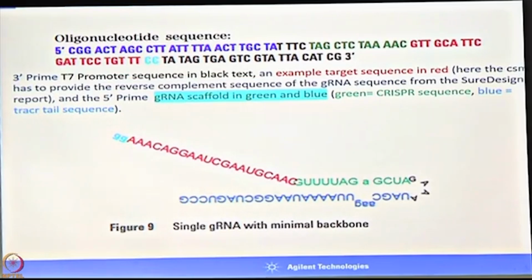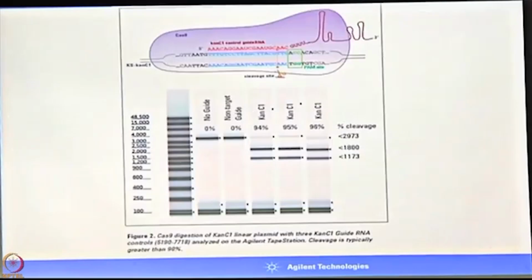This red part is very specific to the part you're interested in, and this is the minimum backbone. When this binds on the target gene in the presence of Cas9 enzyme, this gene is cleaved into two parts.